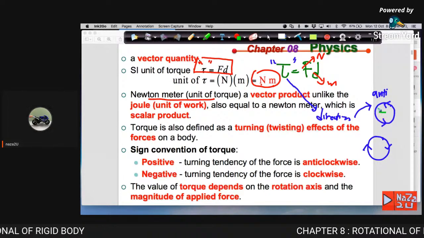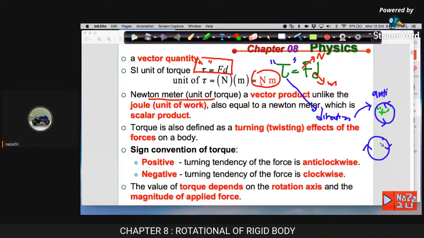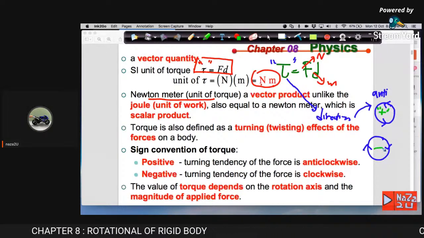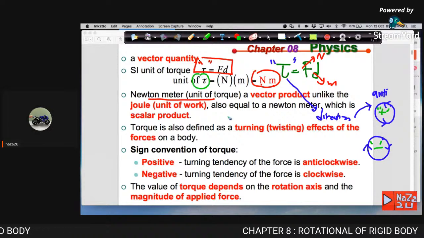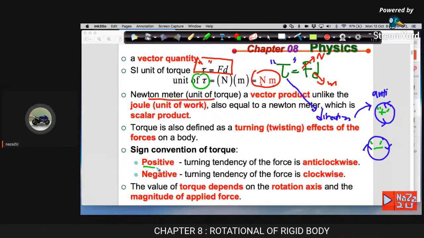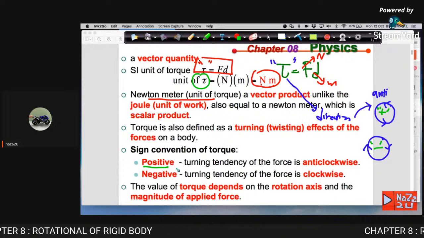Anti-clockwise we use a positive sign for the torque, and clockwise we use a negative sign for the torque. Here is the sign convention for the torque: positive anti-clockwise and negative clockwise.